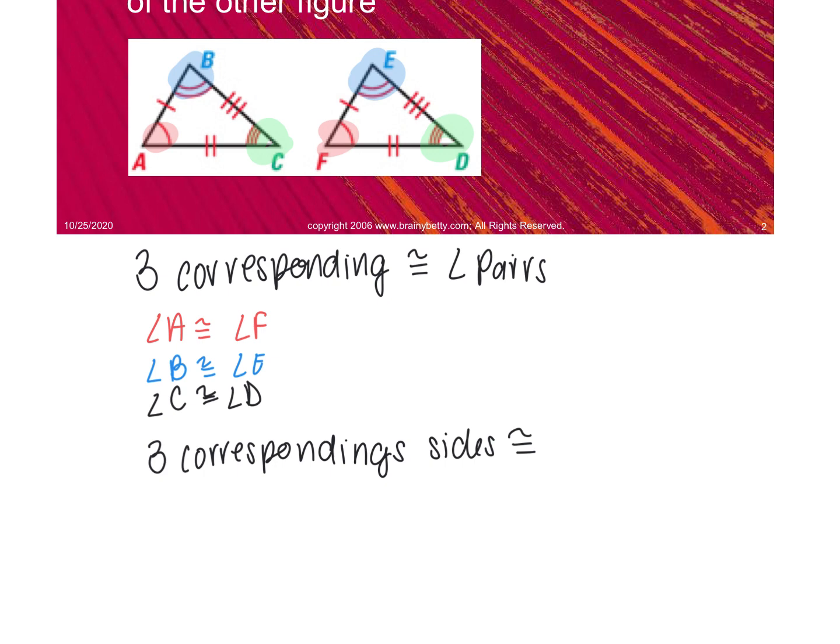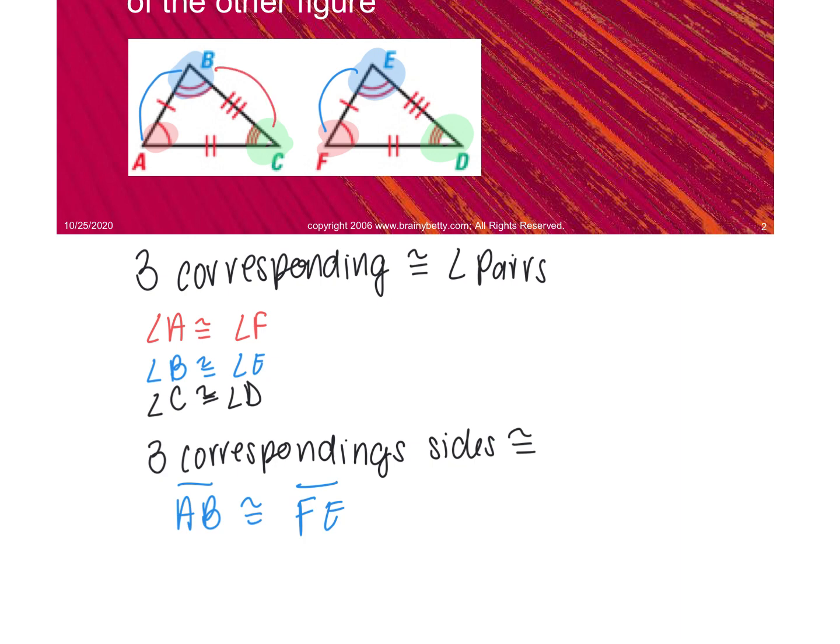So looking at it, A to B is one side. So I have AB is congruent to what? What is it congruent to? Good. FE, again, you could write EF, same thing. FE, and because they're sides from one point to another, I'm going to write my segments.